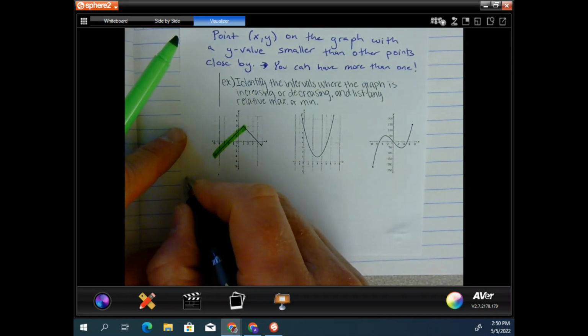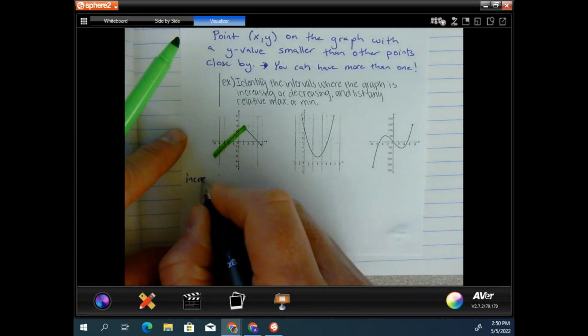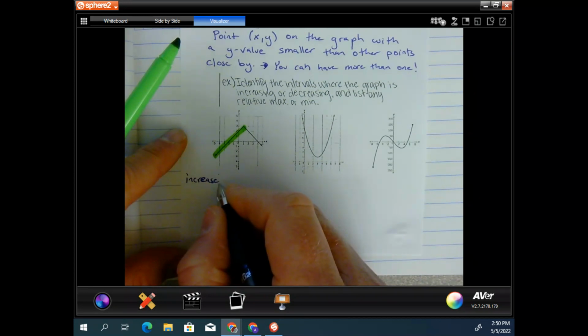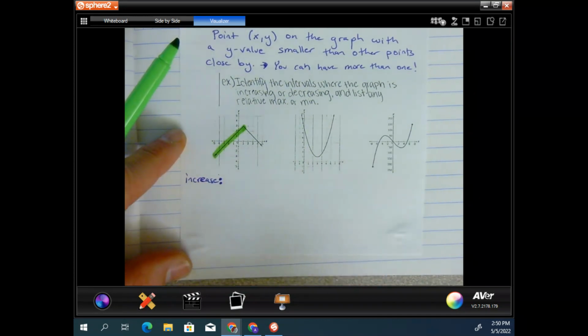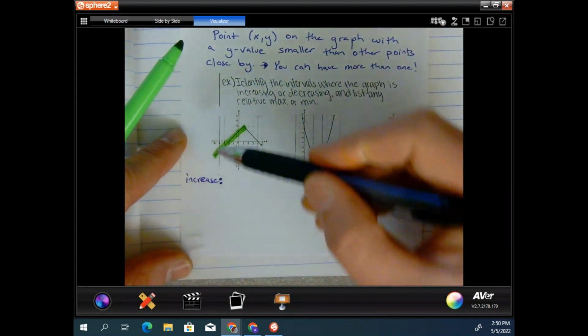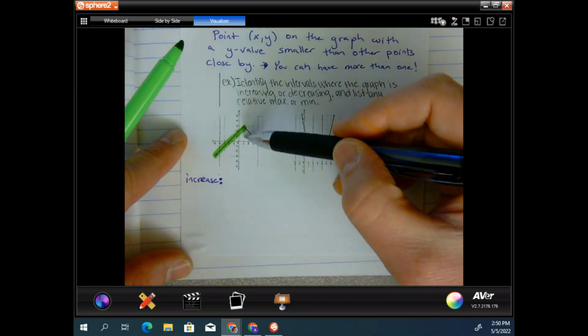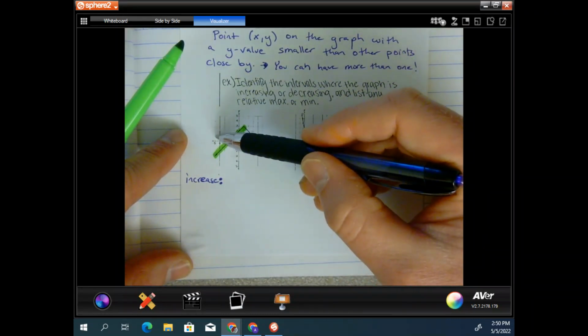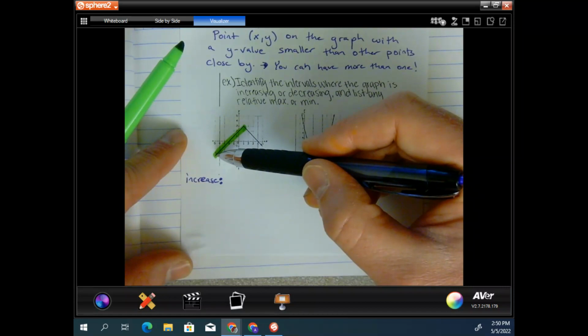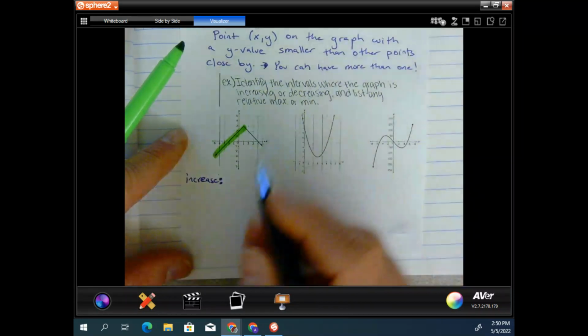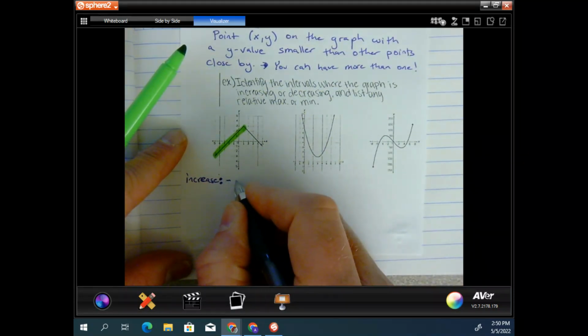So I'm going to write the word increase. And like I said above, this is when I'm looking at the walls for where that range is happening. I see that right here it has an arrow and it's in the negative, so it's negative infinity.